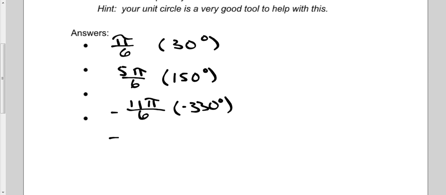So maybe it should be 1/6 more than pi in the negative direction. What's 1/6 more than pi? 7/6 pi. There you go. Or 7 pi over 6. And that's going to be negative 210 if I converted that to degrees. Okay. So I got 4 values. I got 2 positive, 2 negative.